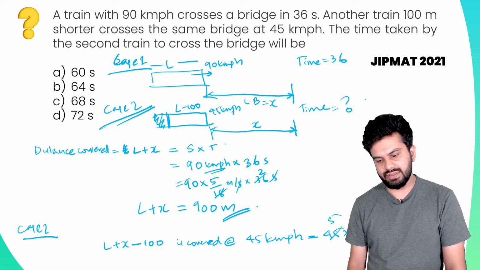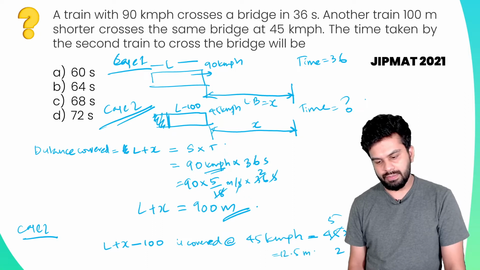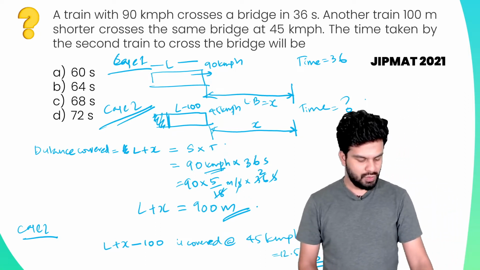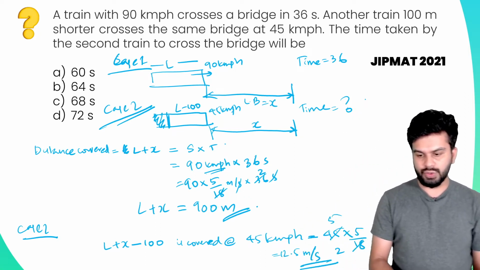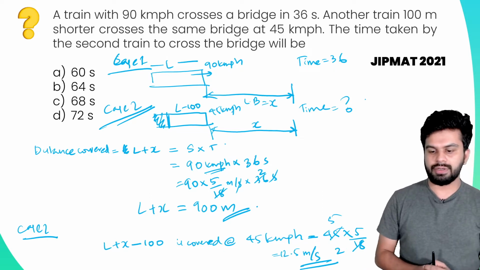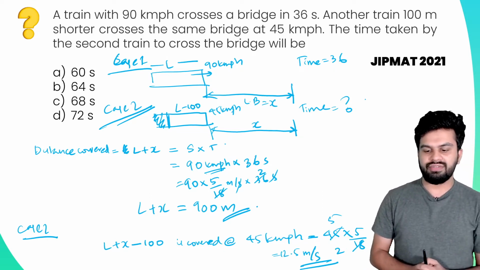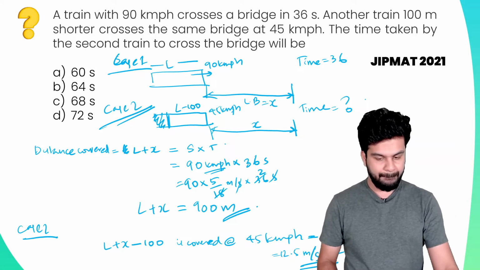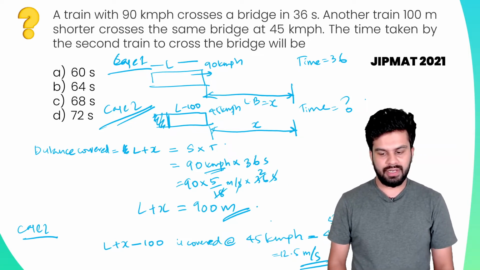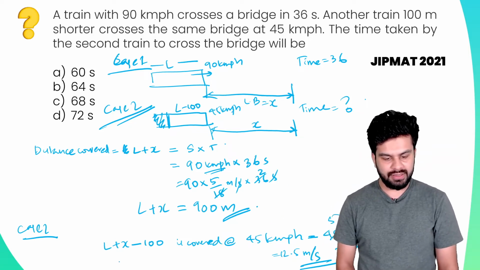This is 5, this is 2, so this is equal to 12.5 meters per second, right? So I'll just show you the calculation. 45 km/h is equivalent to 12.5 meters per second by using the multiplier 5 by 18.